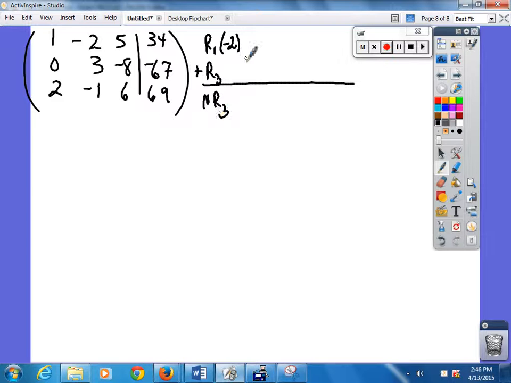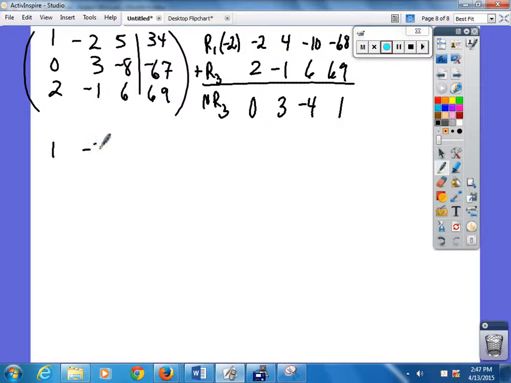Row 1 times negative 2 gives me negative 2, positive 4, negative 10, and negative 68. Adding 2, negative 1, 6, and 69 gives me 0, 3, negative 4, and 1. So that gives me 1, negative 2, 5, 34; 0, 3, negative 8, negative 67; 0, 3, negative 4, and 1.